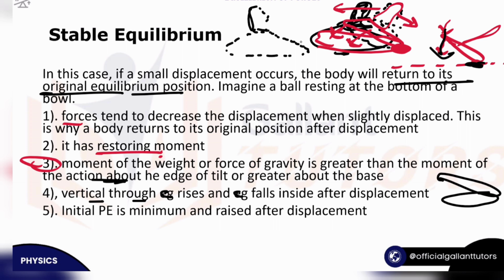Let's say the center of gravity was here before, it becomes somewhere like here, and then it shifts to this part. So the center of gravity rises, but when it goes back to its normal position, the center of gravity falls.